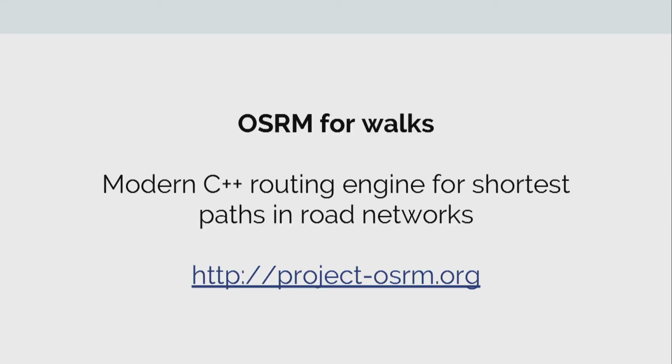I'm using what's called OSRM, which is an open source project based on OpenStreetMap data, which is able to compute locally every single thing that Google Maps is able to do on a global scale. Well, it's able to compute routes, not to translate an address into coordinates, but it's enough for my usage.